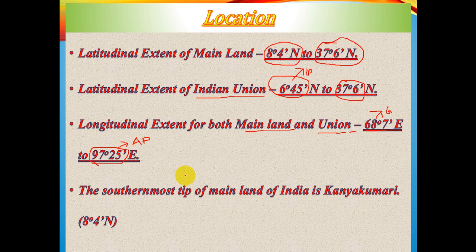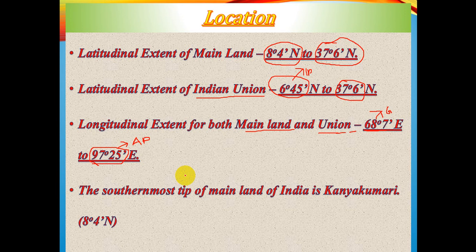What does this N indicate? It does not indicate the north-south direction. Rather, it indicates the hemisphere. N indicates the northern hemisphere. Similarly, 68 degrees 7 minutes east is situated in Gujarat, which is the western extreme of India, so what is the indication of the E over here? Again, it is for the eastern hemisphere. So hopefully it is clear to each and every student.